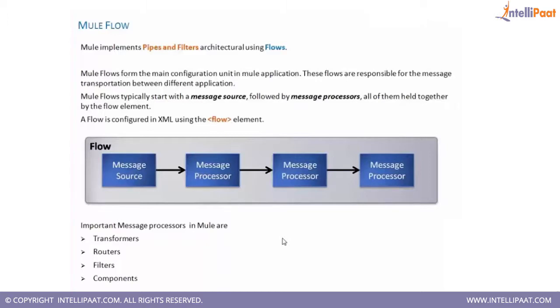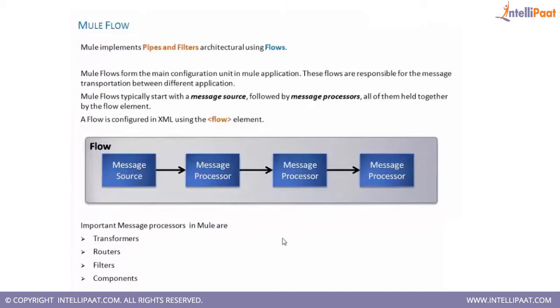Transformers, as we know, transform the data from one format to another. Routers, as we know, are used if there are multiple target systems that the message should be routed to. And filters are for when the next processor in the chain expects only certain data to flow to it.